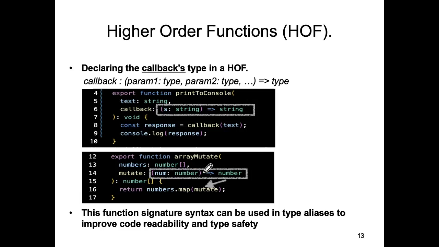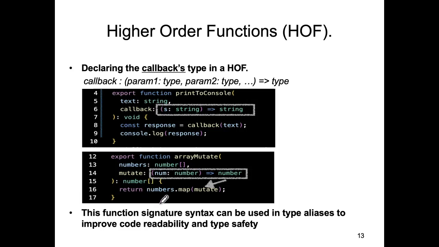And so when you are invoking array mutator, the compiler will check to make sure that the callback function that you pass as the second parameter does actually respect this statement that you're making here as to the type associated with that function.